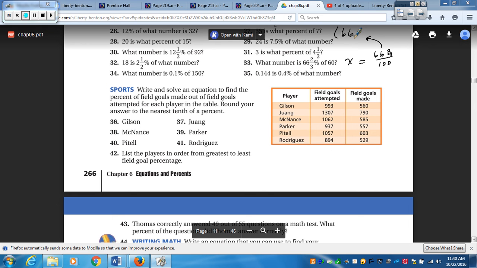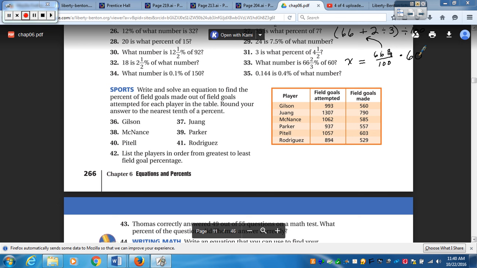But I'll say plus 2 divided by 3, close parentheses, and then divided by 100. Doing that right there will give you that percentage as a decimal. It should be 0.6 repeating as the decimal, of 60. And that's an easy problem because all you have to do is 66 2/3% times 60, and you got your answer there.